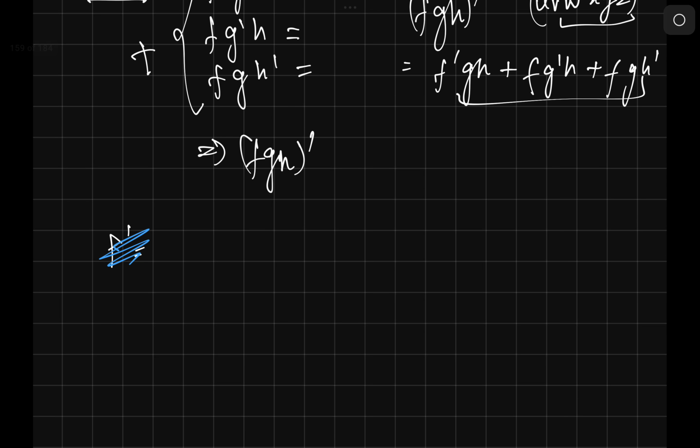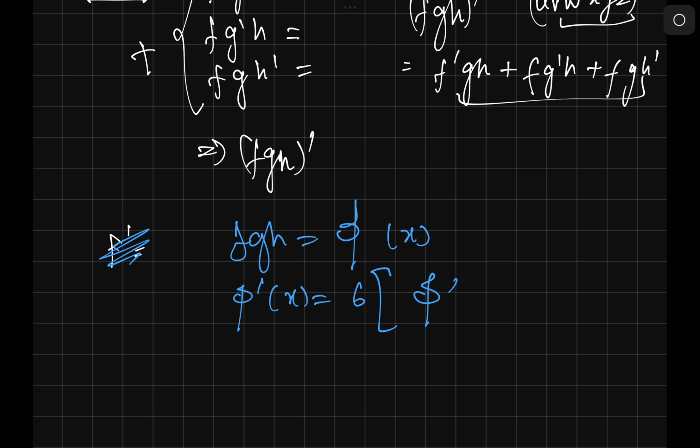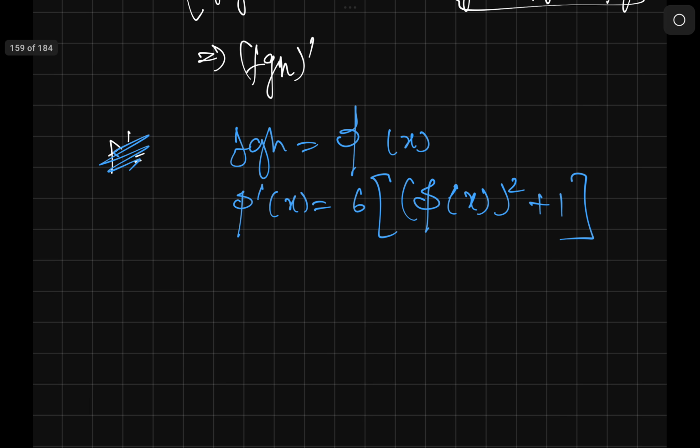So I can just take fgh to be some psi of x, and then I can just write this equation, and this is a normal differential equation, right?